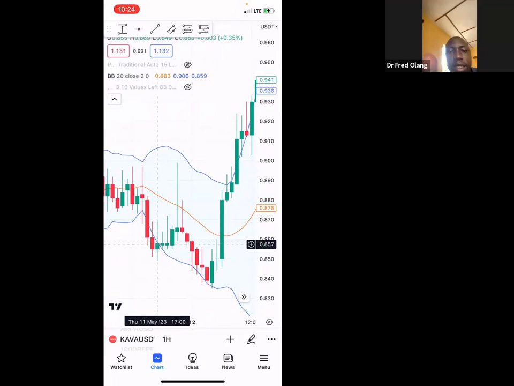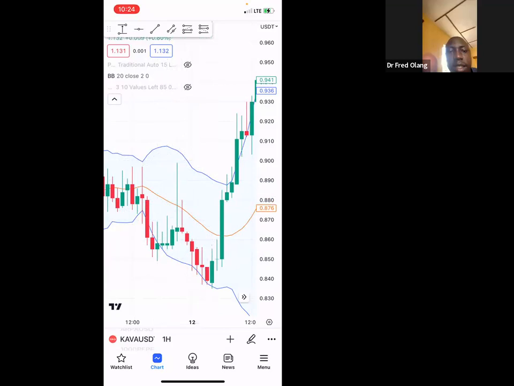Because at the end of the day, 95% of the market has to be held in this band. Like I told you, prices have to be in the middle band here on the moving average. But sometimes we are pushed up above.